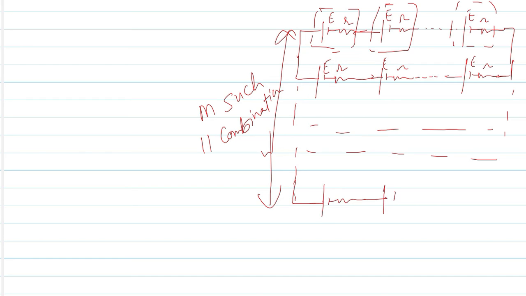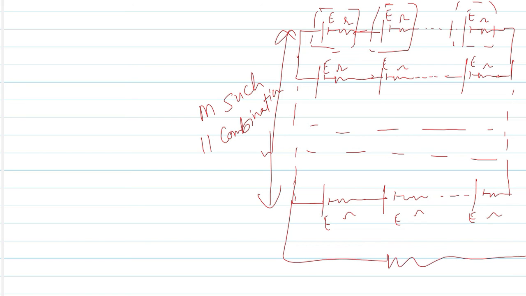We are having n cells in each branch, each with E and R, and this is connected with external resistance capital R. Now what we are supposed to do is write the equivalent in any one branch. These are n cells, you know. So let's write the equivalent cell in any one branch.